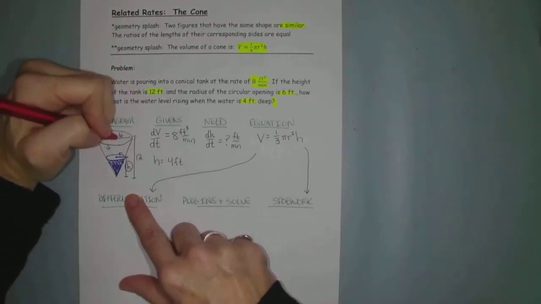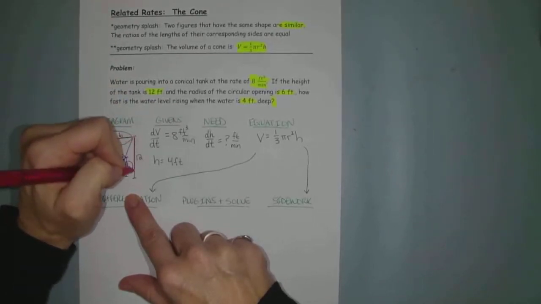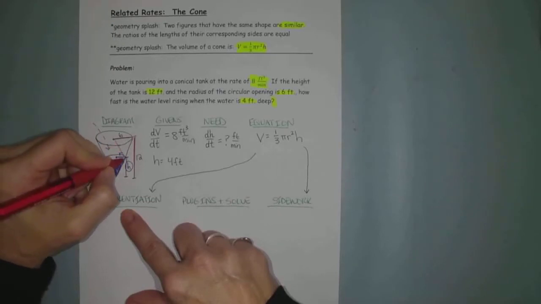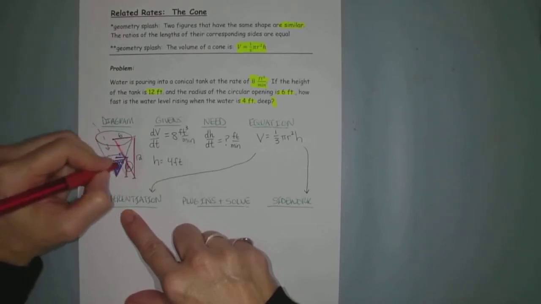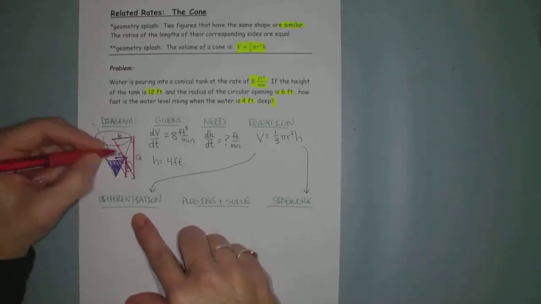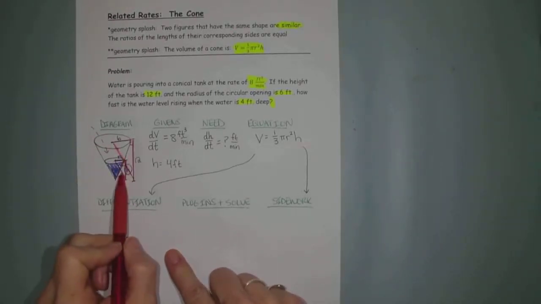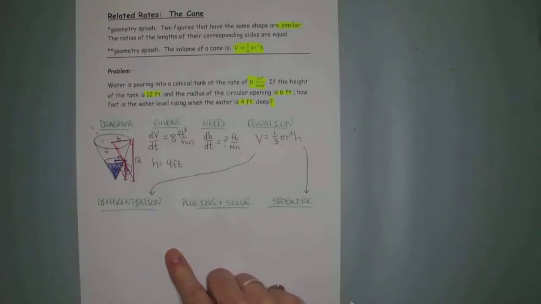So if I look at this 6 and this 12, if I turn that into a triangle right there, and then I look at this r and this h and turn that into a triangle, I've got myself a set of similar triangles right here. And when you have similar shapes, the ratios of the lengths of the corresponding sides are equal.